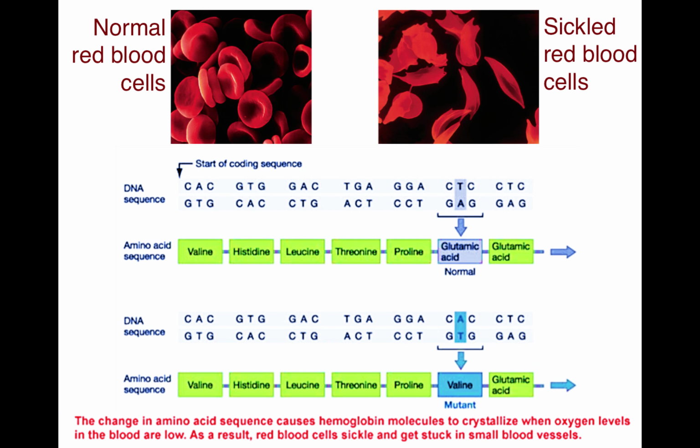There are a bunch of different plasmodia that cause malaria in humans. If an individual is heterozygous for this trait, in other words, they have one good copy and one mutant copy, they are less susceptible to infection by the malarial parasite. Of course, if they're homozygous, then they end up with the sickle cell disease. So there's a trade-off.